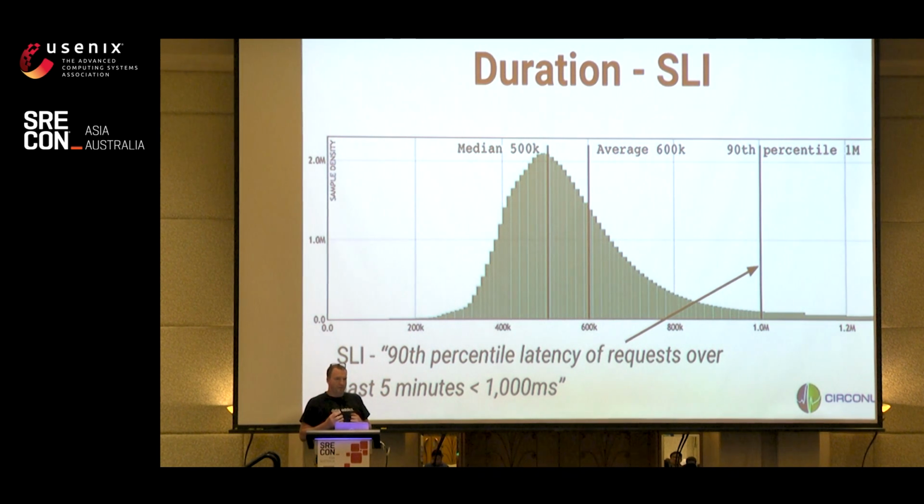Because histograms are composable and mergeable, we can merge those together to get a 5-minute view and combine those from each of the different members composing our service. With that, we can get an overall value and calculate the 90th percentile for that combined distribution. And if it's less than 1,000 milliseconds, we've met our SLI.